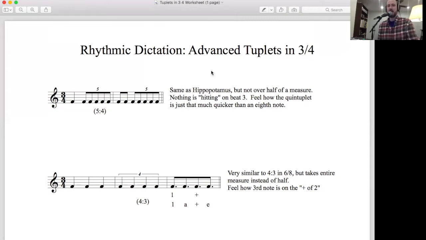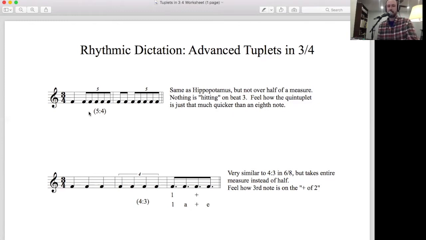But if we have the quintuplet, we're thinking 1 hippopotamus 1, 1 hippopotamus 1, right? Not perfect, but good enough. So we're feeling how 1 and 2 and 3 and 1 and 2 and 3 and 1 and hippopotamus 1, right? It's just a little bit off of what we would normally feel because it's 5 in the space of 4.